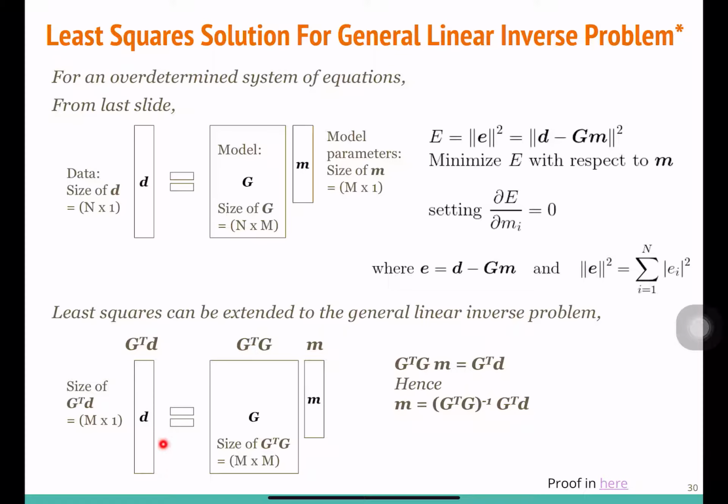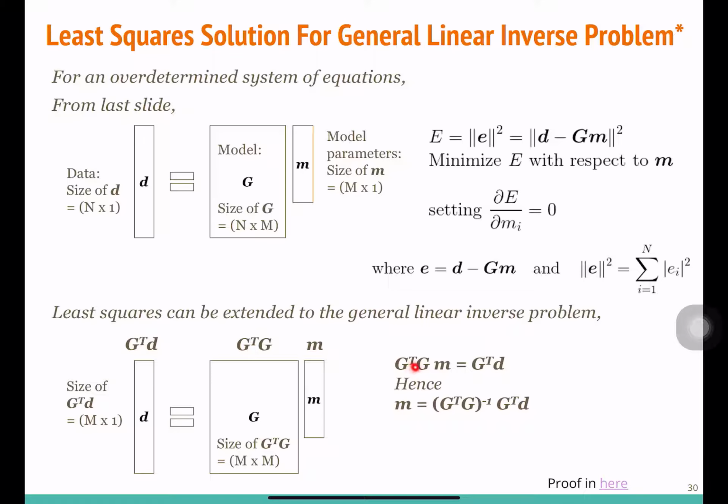This is a general solution. We multiply the whole equation by the transpose of this G matrix, because we want to find out m, so we want to move everything over to this side and then put m over this side.